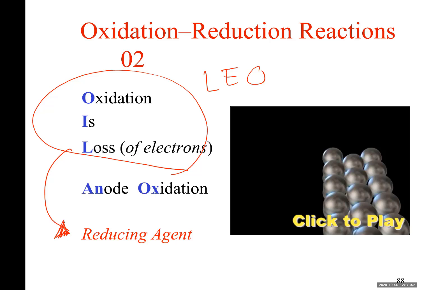If I gain money from you, I have caused loss of money by you. So whatever is oxidized, which is losing electron, causes gain of electron by another agent, because it's a transaction, and gain of electrons was reduction. So whatever is oxidized is called the reducing agent.